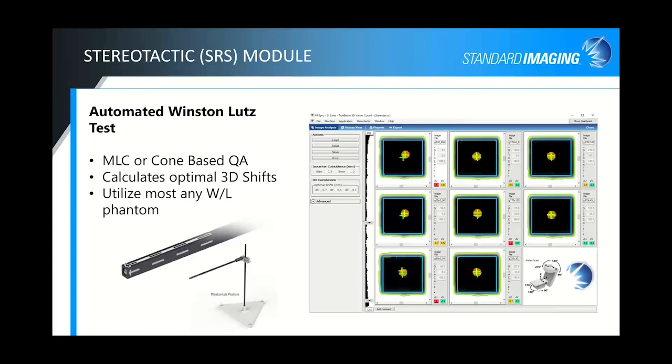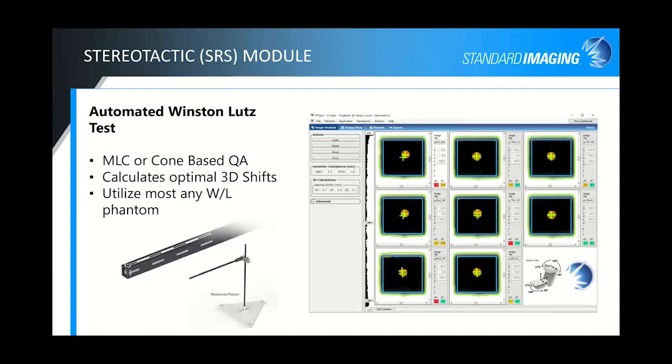Our automated Winston Lutz test can be MLC or cone based. So you have the ability to use either cones or MLC stereotactic setups. It will automatically calculate the optimal 3D shifts using the different cardinal angles that are selected for the different positions.